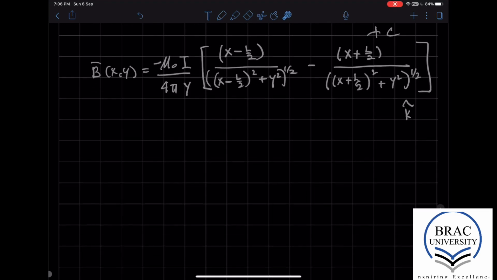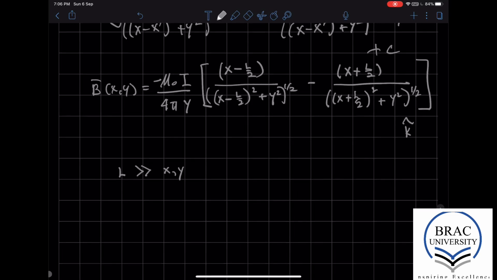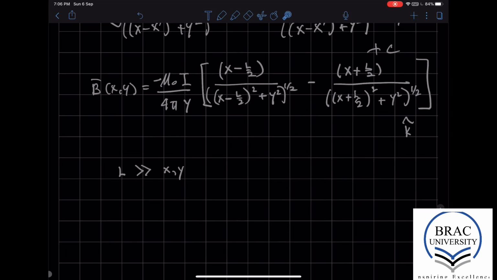So we are going to take the limit in which L goes to infinity, that is, L becomes much larger than x and y. If you look at this formula, in the numerator the x part will not matter, because L by 2 is much larger.